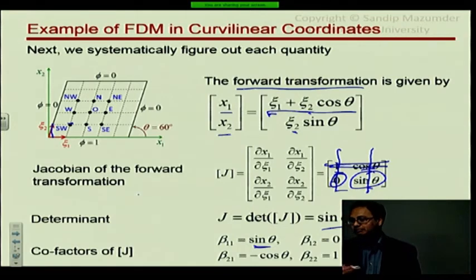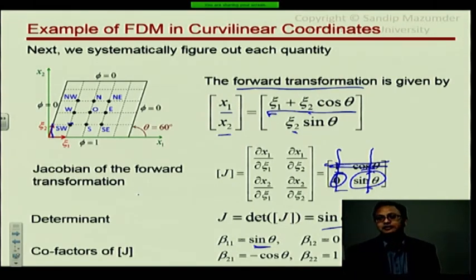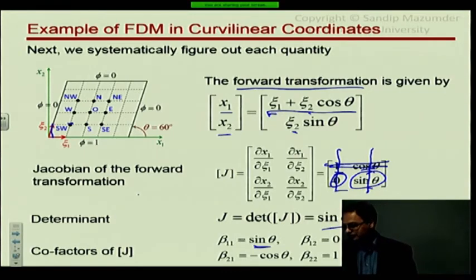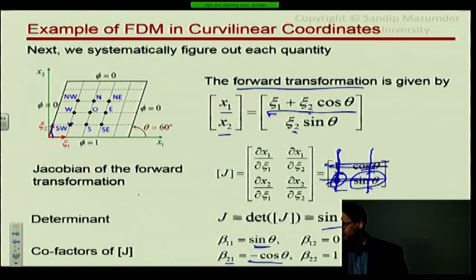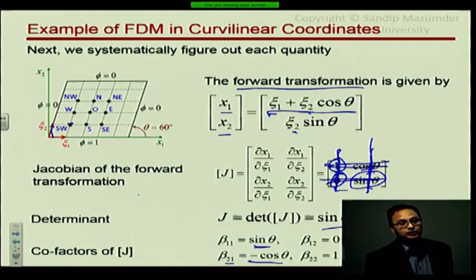Actually, it's a minus 0 because this will have a minus sign in front of it, but it doesn't matter, of course. Okay. Similarly, for beta 2,1, you cross out this, you cross out that, and like I said, this will have a minus sign, so you get minus cosine theta. Okay. And then finally, you cross out that, you're left with 1. Okay. So those are your cofactors.